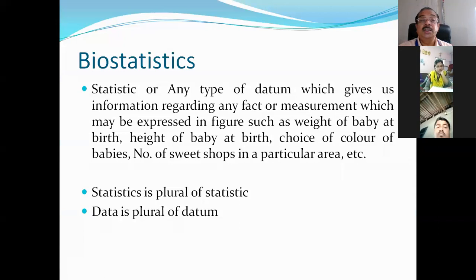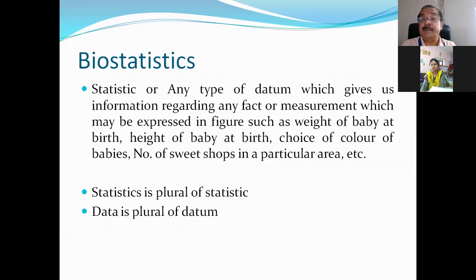Such as the weight of the baby at birth, the height of the baby at birth, choice of color of babies, number of sweet shops in a particular area, etc. So biostatistics is data which is expressed in numbers.